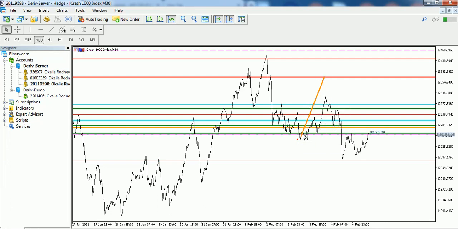So from last video's point, you'd see that the market obeyed our support and resistance, and they went up again. I had suspected that it was going to hit our H4 trend line, our H4 resistance right there, but it lost momentum on the way, and I'm going to show you why it lost that momentum.